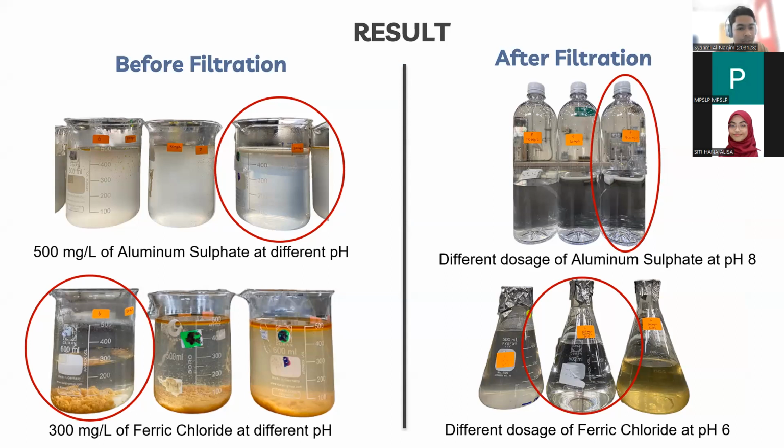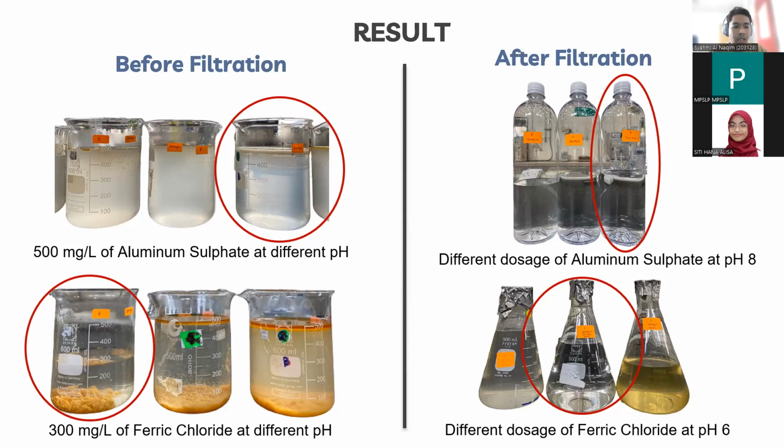For the left side, it is before filtration, and the right side is after filtration. I choose to show you an example: the top one is the sample of aluminum sulfate, while the bottom one is the sample of ferric chloride. For the top sample, aluminum sulfate, the best result that we can obtain is at 500 mg per liter at pH 8.